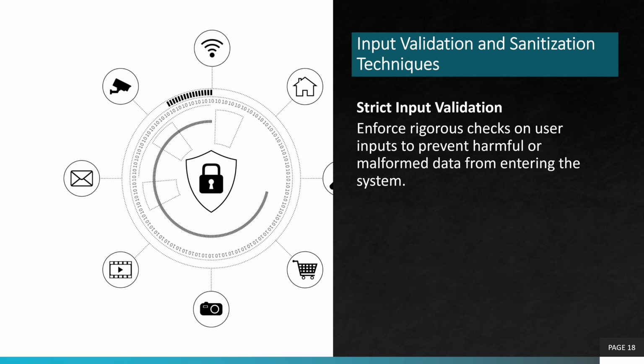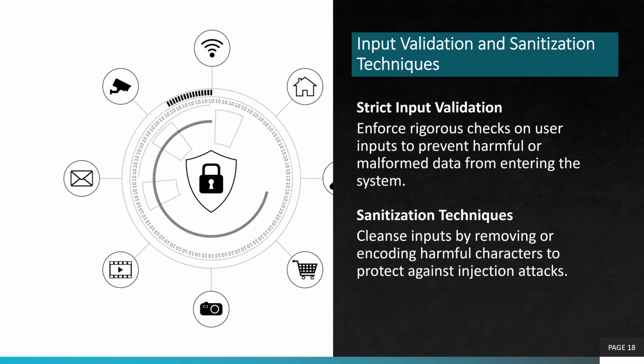So if any code is malicious or malformed, make sure you prevent it from entering your system. The sanitization technique: cleanse input by removing or encoding harmful characters to protect against injection attack. Sometimes you don't have to remove or encode harmful characters.